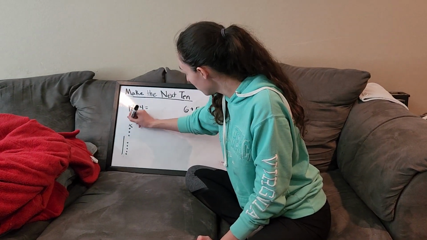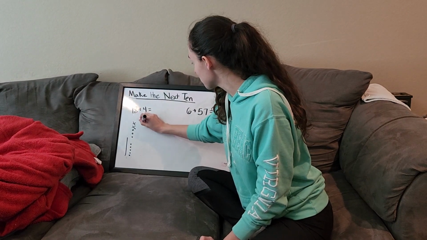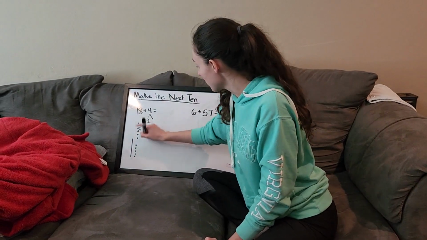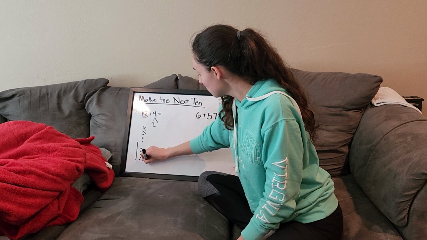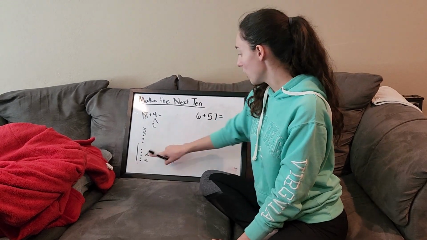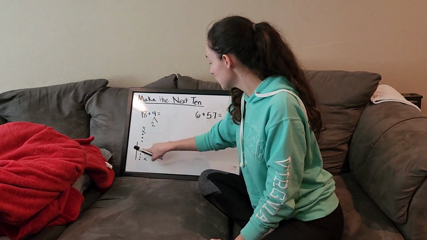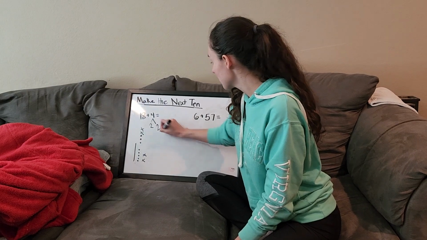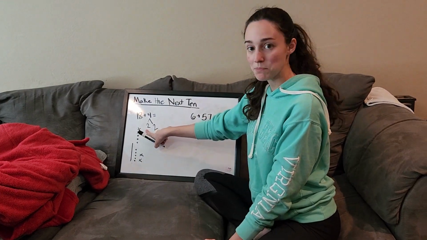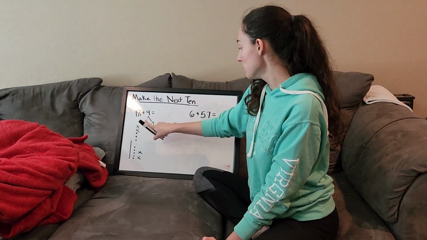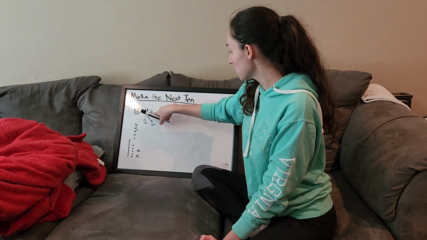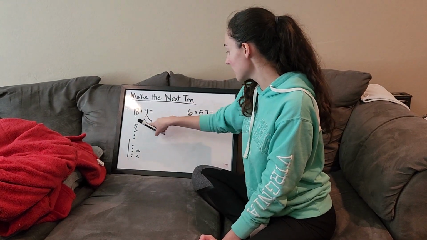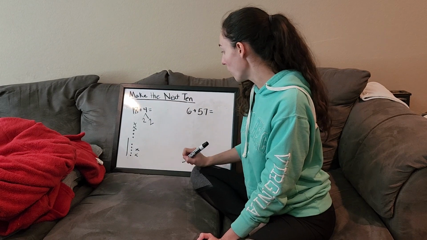So I need 1, 2 over here, so I'm going to take that out. And then I still have 2, 3, 4 over here. So I had 2 other parts that were over here. And then we read it to make sure it makes sense. 2 plus 2 equals our 4, because my parts have to equal my whole.